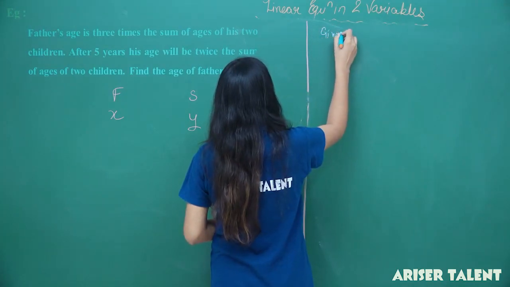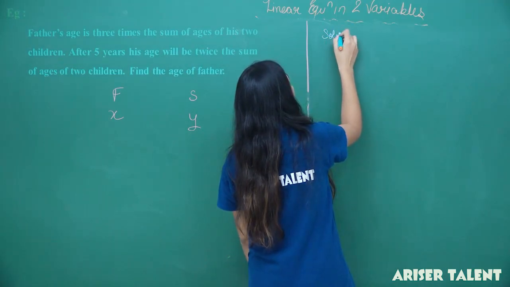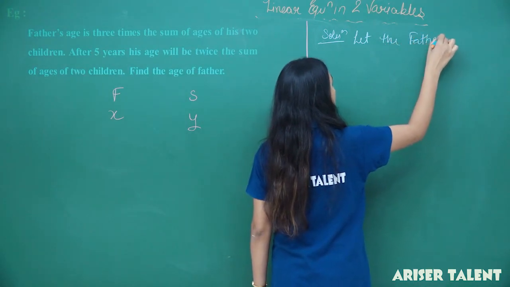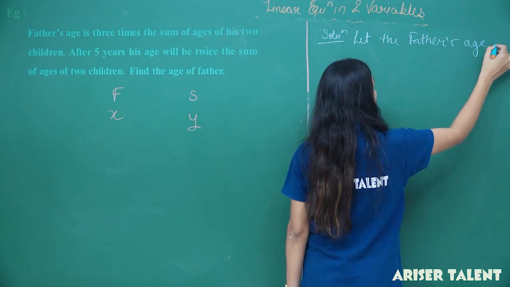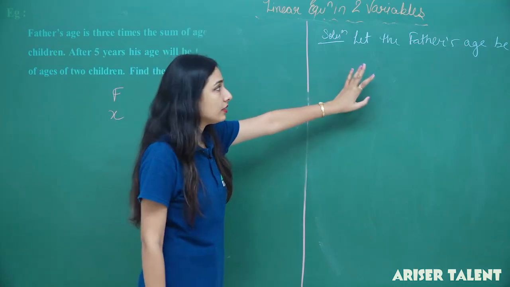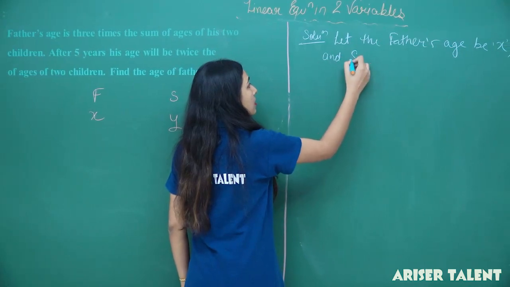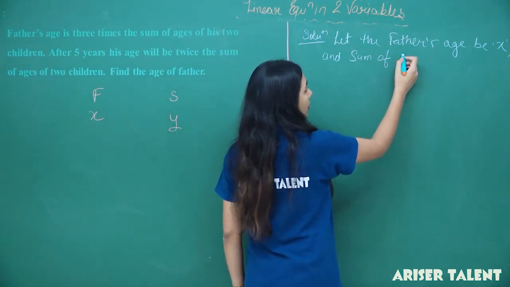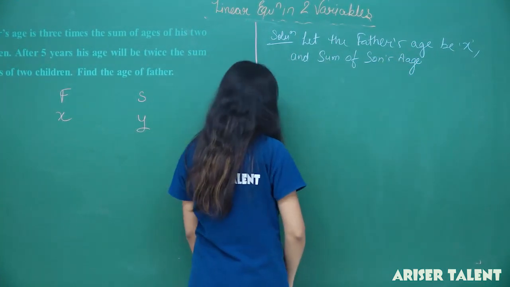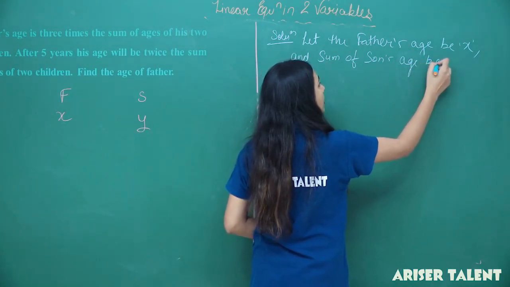Directly with the solution, let the father's age be x. I am just denoting the age of father and the sum of the sons' ages. Sum of sons' age be y.